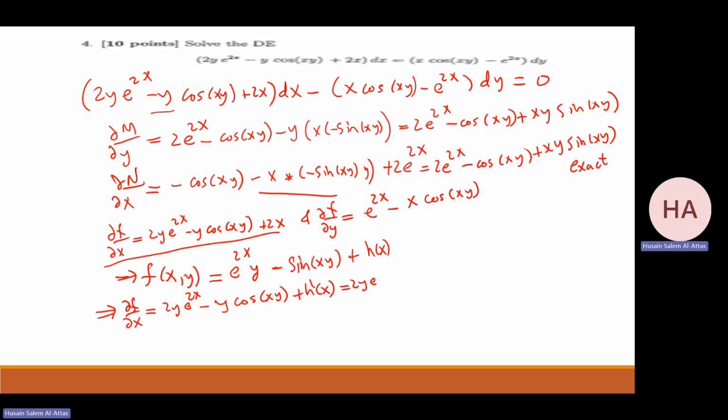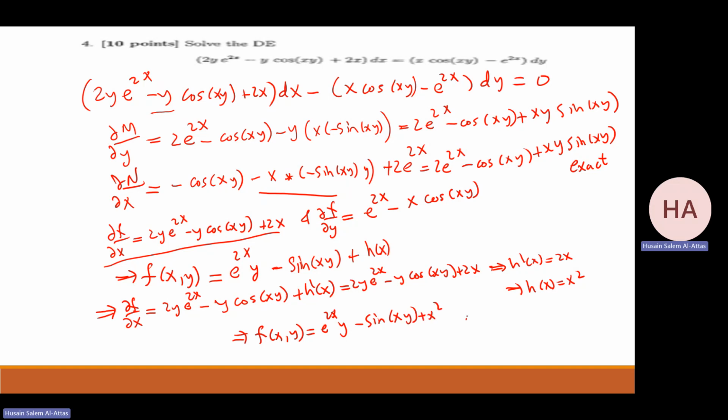That equals 2y e to x minus y cosine xy plus 2x. So very clear, h prime of x will be 2x. So I have h of x equal x squared. So f of x and y will be e to xy minus sine xy plus x squared. Solution: f of x, y equals c.